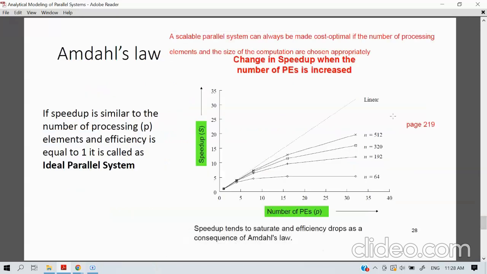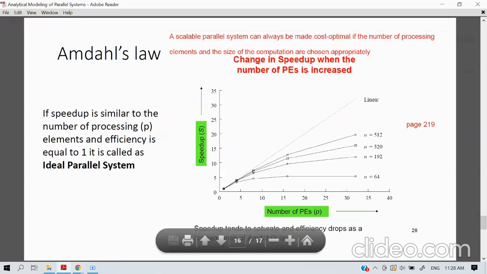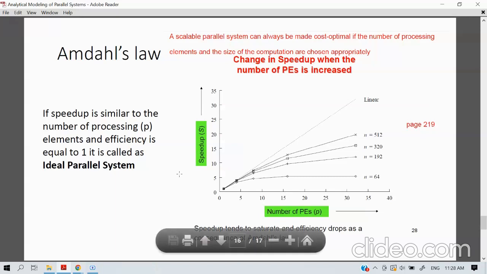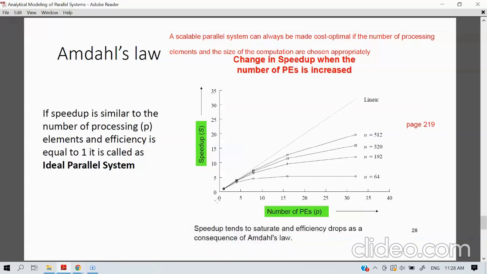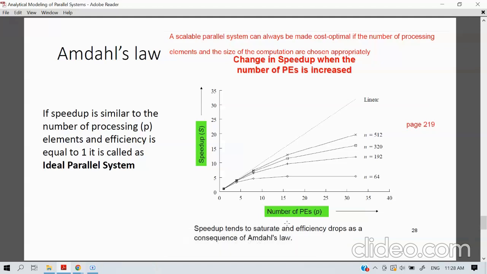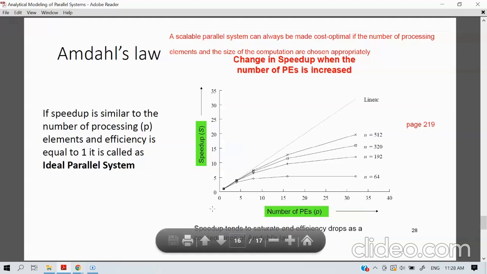Okay, so last one, this is the graph. The implementation of the number of processors and the speed up. Okay, kalau tengok ni, this is Amdahl's law. Speed up tends to saturate and efficiency drops as a consequence of Amdahl's law.